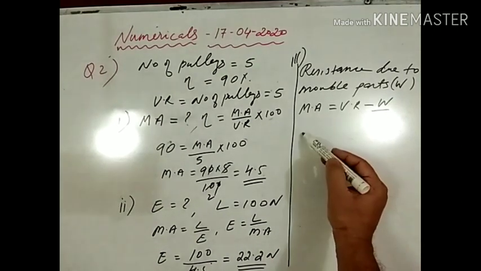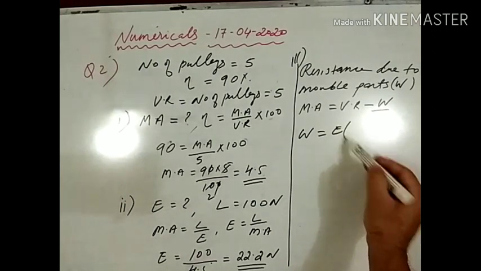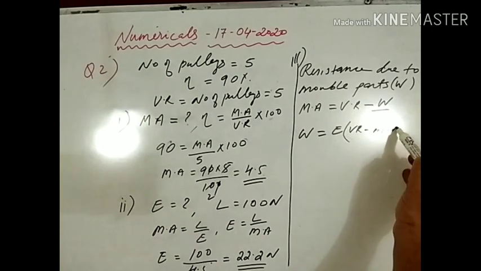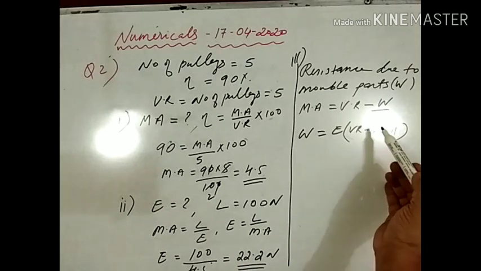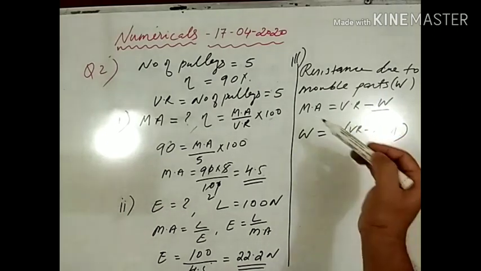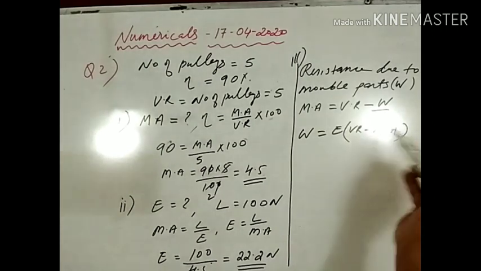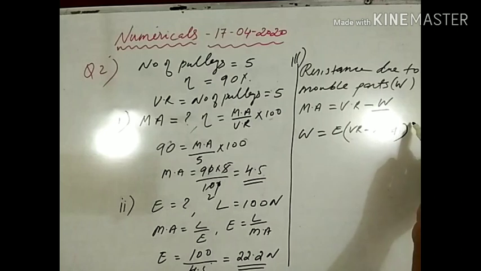So, we can write W is equal to, very simple, E into VR minus MA, velocity ratio minus mechanical advantage. Am I correct? Please check it. W is equal to E into VR minus MA. Correct.